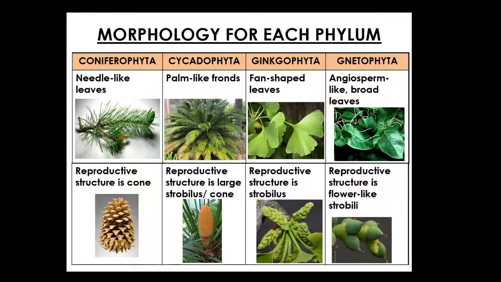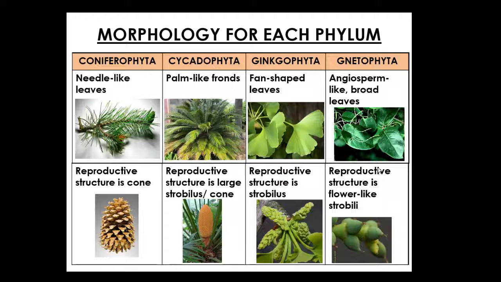Alright. Where was I? Okay, in the Cycadophyta, the reproductive structure is a large strobilus or a cone. Okay, and it is much bigger than the cones of conifers. In Gingophyta, the reproductive structure is also called strobilus, but the strobilus is differently shaped from the cones of cycads and the cones of conifers.